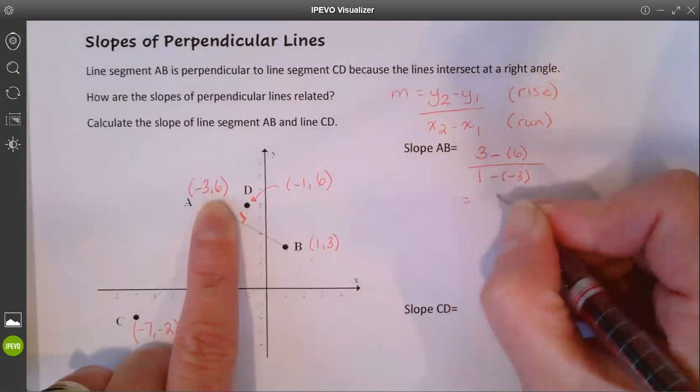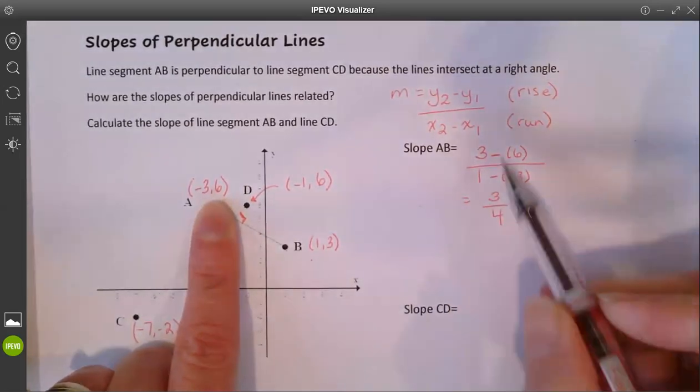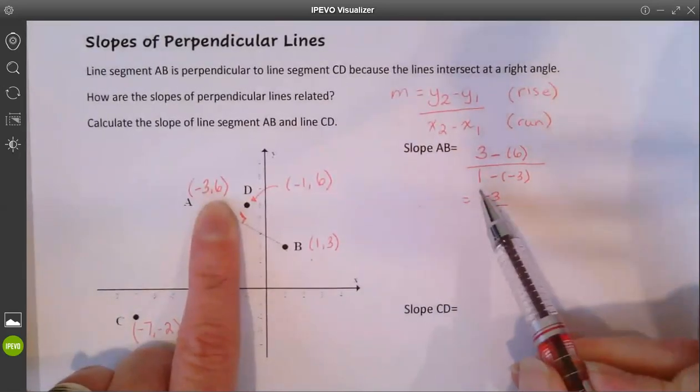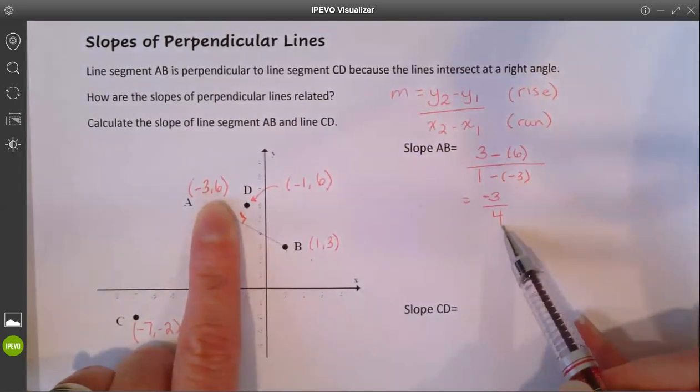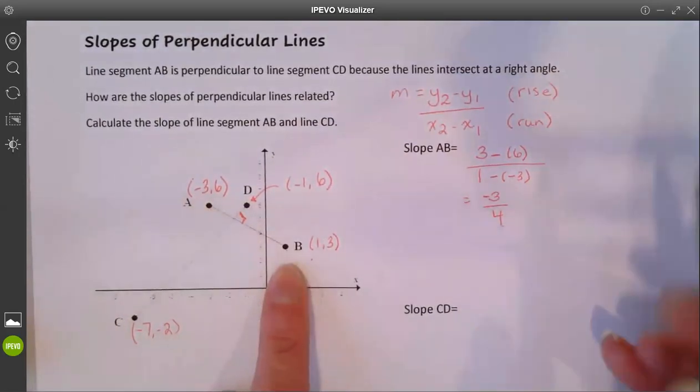Oh, sorry, 3 take away 6 is -3. And the denominator becomes 1 plus 3, which gives us +4. So we have a negative slope, and that makes sense because line segment AB is going down.